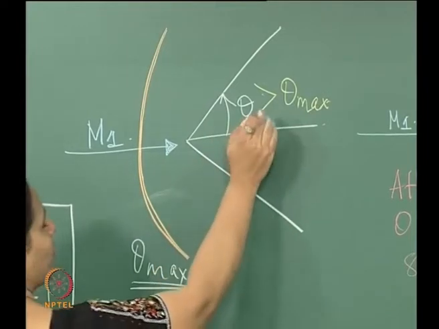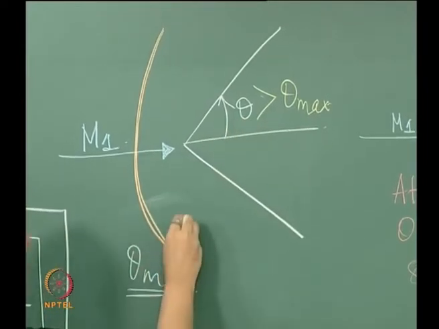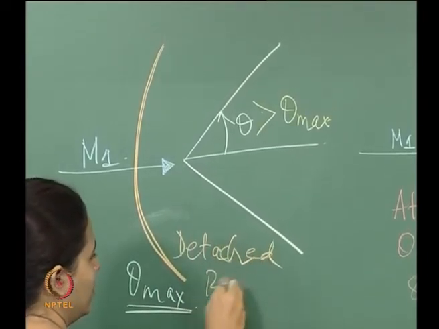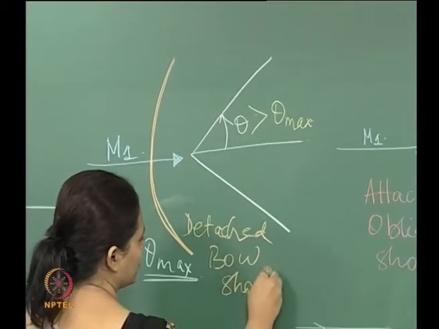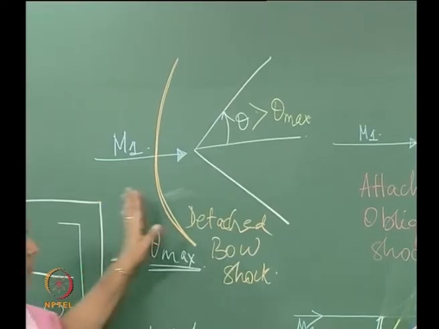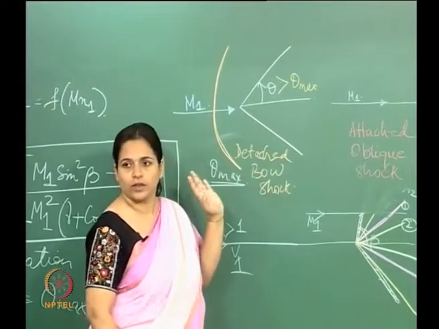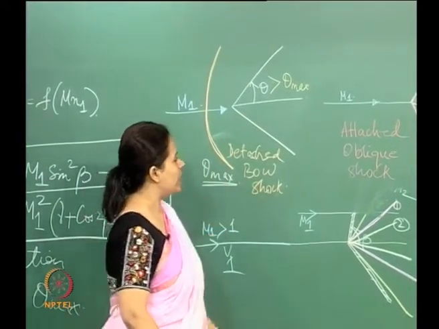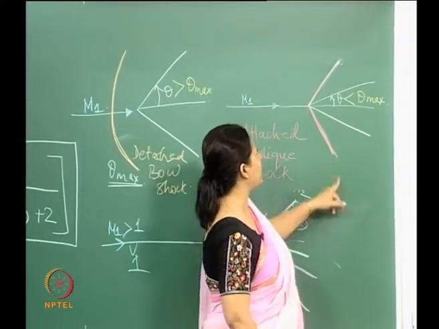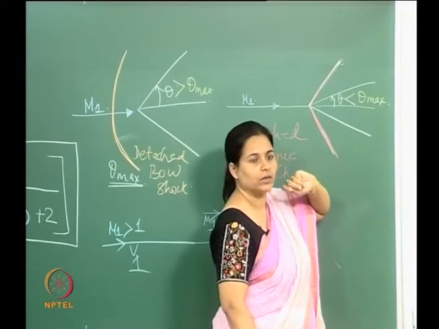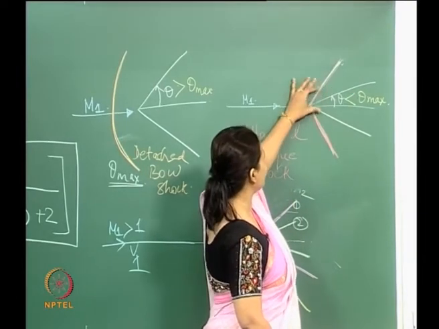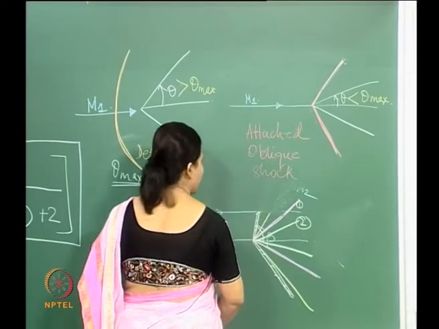So when the theta is greater than the theta max, we will see a detached bow shock. From this, I can see, and I hope you can infer the same, that with a smaller theta and depending on the Mach number, we have an oblique shock attached to the body. You start increasing this theta, and this angle beta also increases.